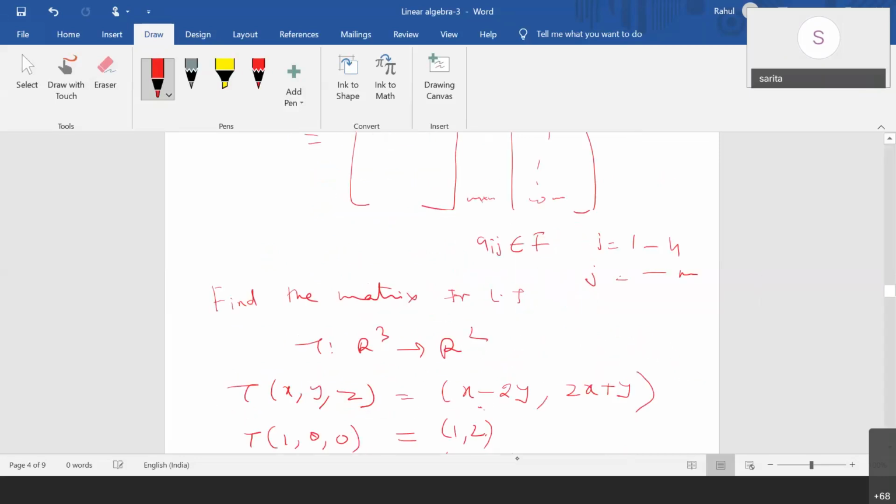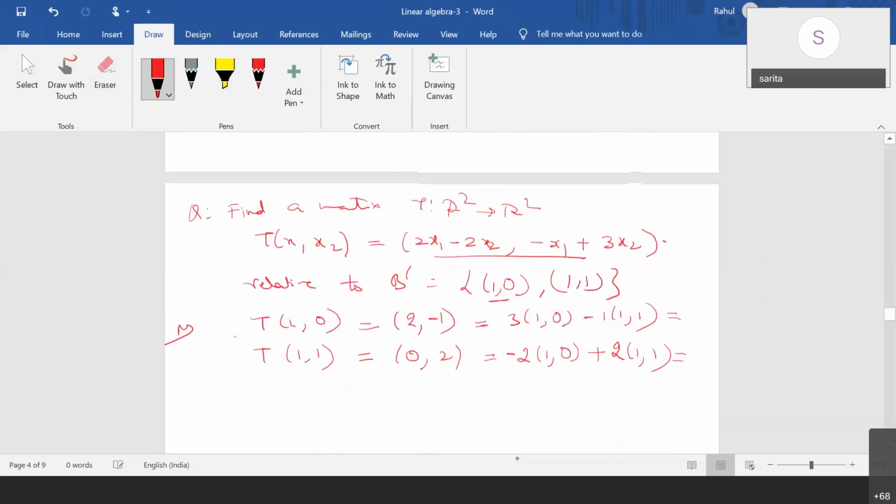So here I have T(1,0) and T(1,1). If I substitute in the linear transformation, these are (2, minus 1) and (0, 2). These can be written as linear combinations of the non-standard basis functions, because they are basis vectors.